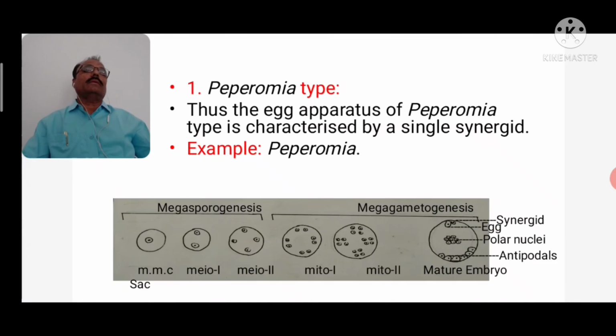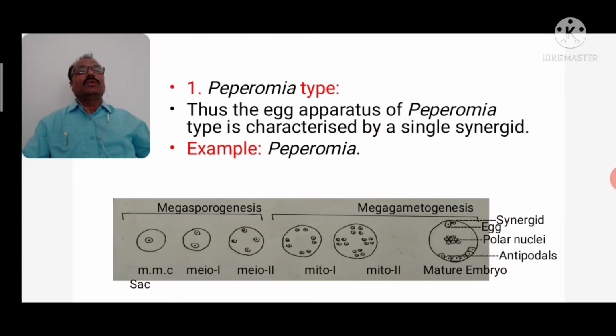Number 1, Peperomia type. The 4 haploid nuclei of the megaspore undergo 2 successive mitotic divisions forming 16 nuclei.